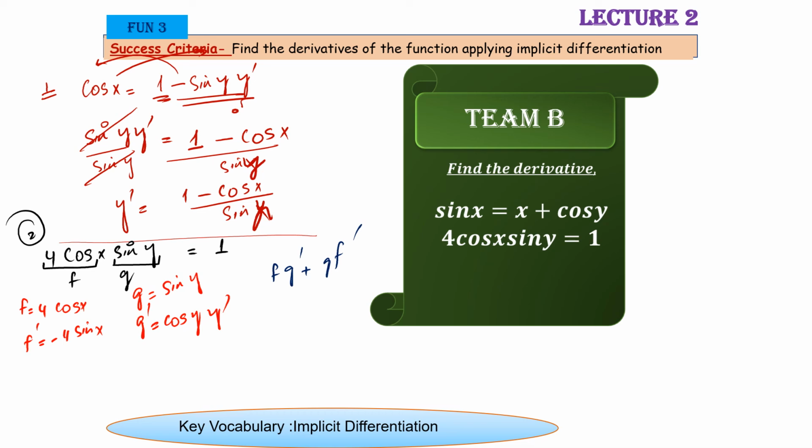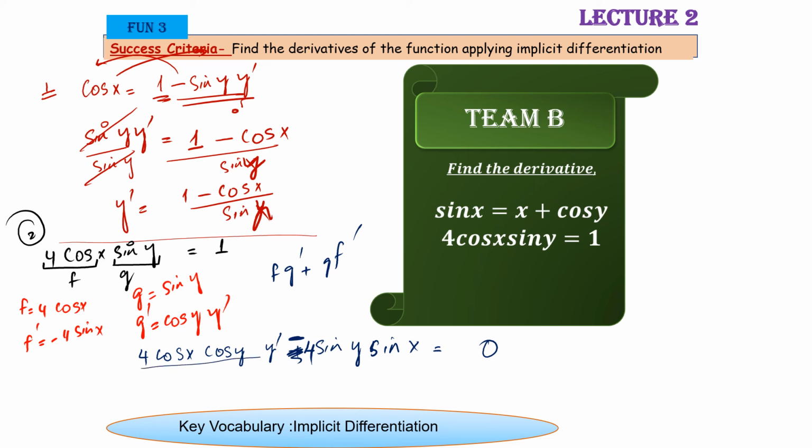So now use the formula fg prime plus gf prime. So f is 4 cosine x, g prime is cosine y and y prime, plus g, that is sine y, and f prime is negative 4 sine x. So put here negative and 4 also in the start and write here sine x equals to, derivative of 1 is 0.